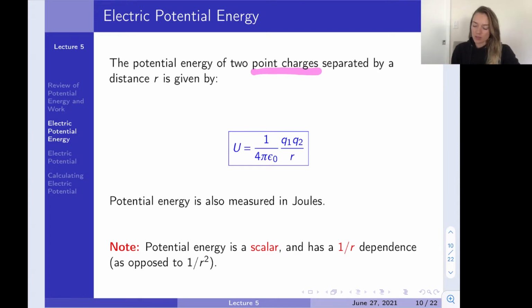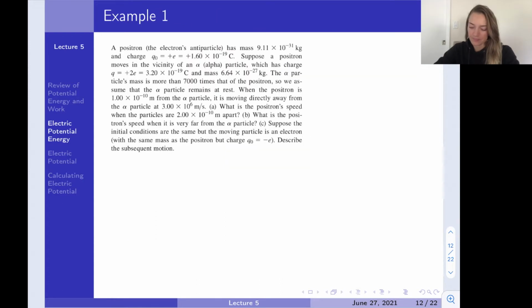All right, so let's do an example with what we have so far. For this example, we have a positron, which is the antiparticle of an electron. Let's write our variables down. The mass of the positron is 9.11 times 10 to the negative 31 kilograms, and it has a charge equal to that of the electron, but opposite in sign.